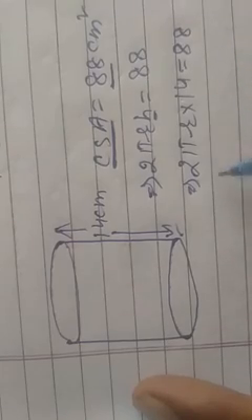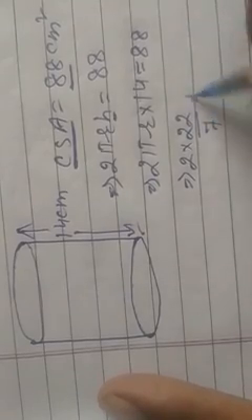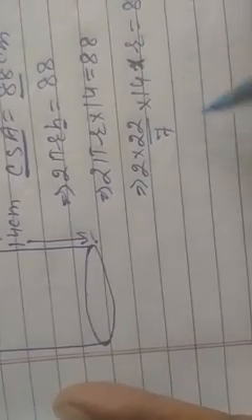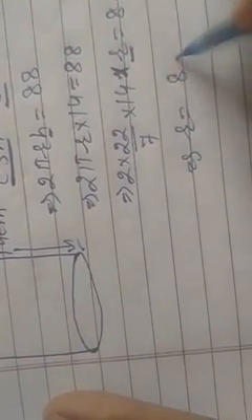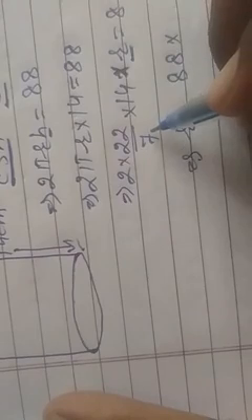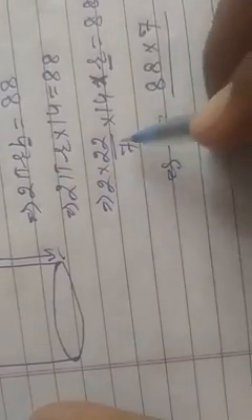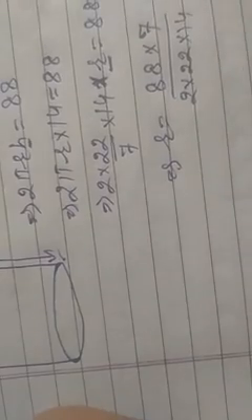Now 2 into, we can take pi as 22 by 7, into 14 into r is equal to 88. Then we have to find r. Then r is equal to 88 into 7 upon 2 into 22 into 14.